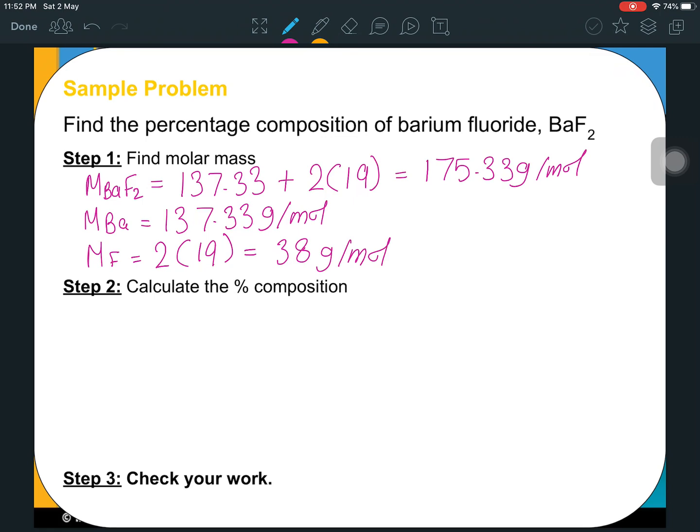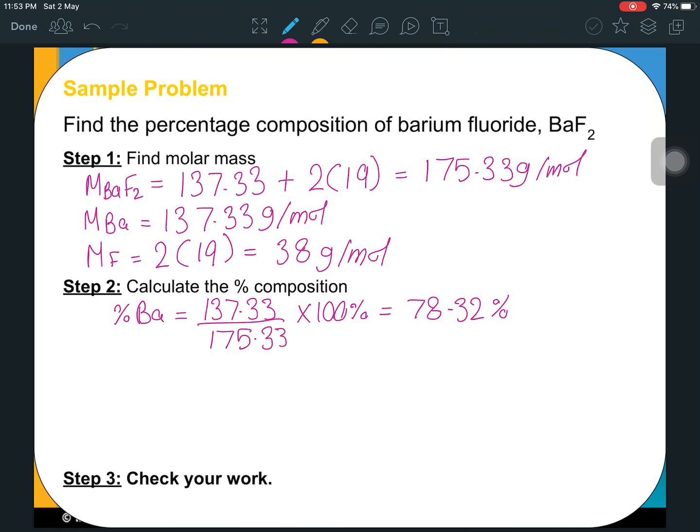Now let's find the percentage composition of barium and fluorine in barium fluoride. So percentage of barium in our compound is 137.33 divided by 175.33 times 100%, which equals about 78.32%. All right?